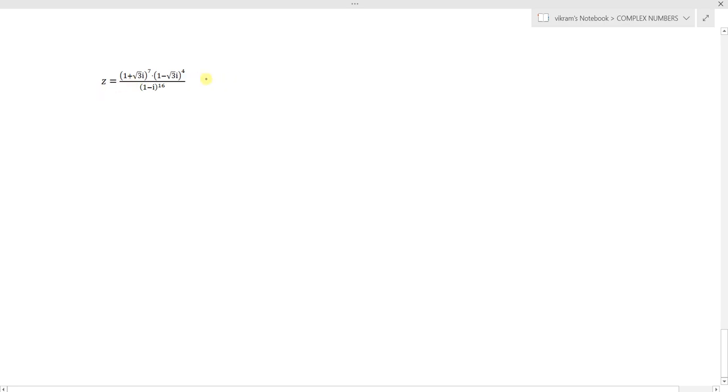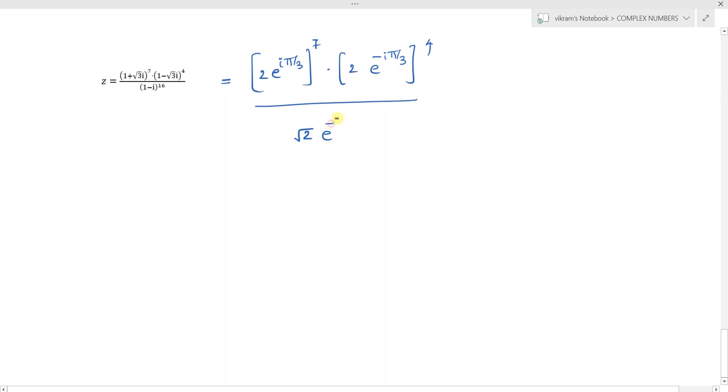From this, the given complex number can be written as: 1 plus root 3i is 2 into e power i pi by 3, whole power 7, into 1 minus root 3i, which is 2 into e power minus i pi by 3, whole power 4, divided by 1 minus i whole power 16, which is root 2 into e power minus i pi by 4, whole power 16.